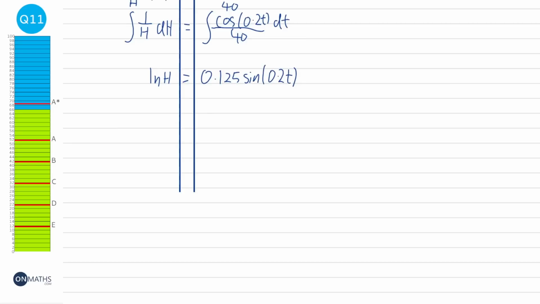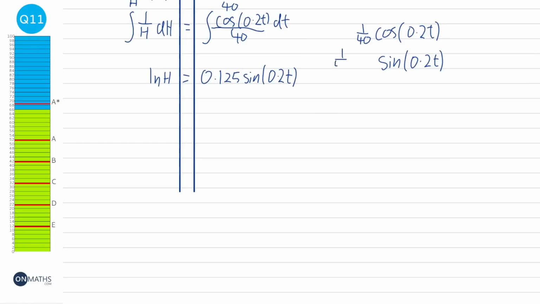chain rule just tells us that the coefficient of the t in this instance, we're going to times the coefficient of the cos. So I've basically rewritten that cos as 1 over 40 cos 0.2t, and when we integrate it, obviously cos will turn into sine and the 0.2t will stay the same, but we need to divide or times the coefficient by 1 over the coefficient of the t here.